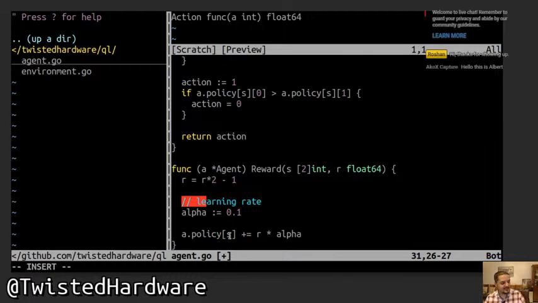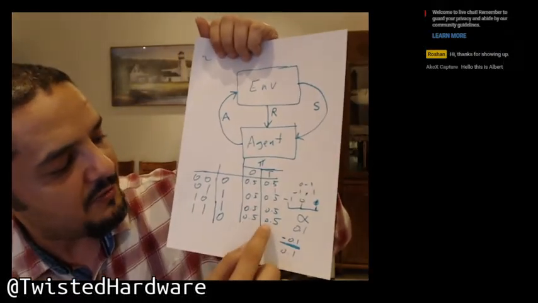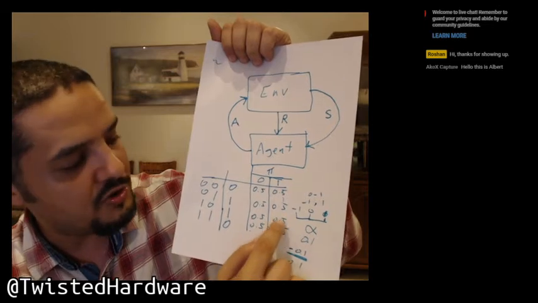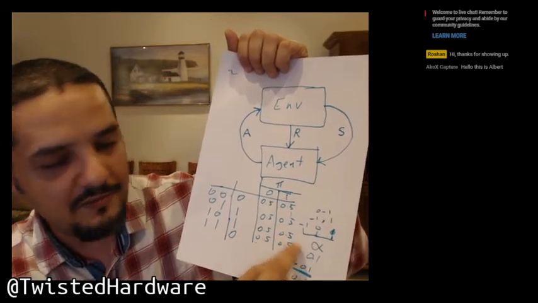If this was 0.5, it will be reduced to 0.4 if it was the wrong answer. If it's the right answer, it will become 0.6. So the policy will slowly converge into the right policy.